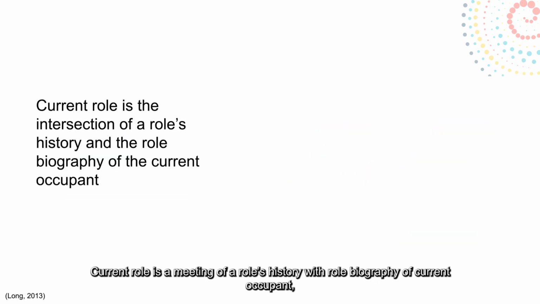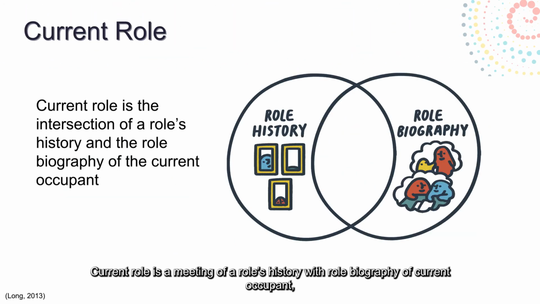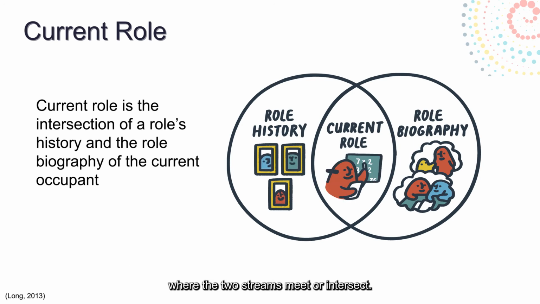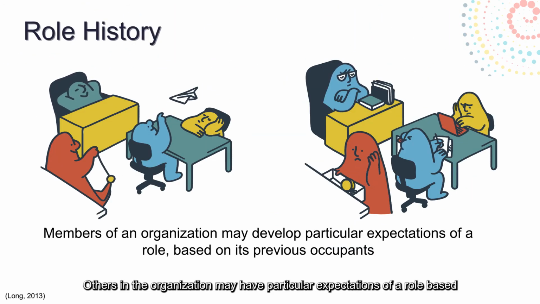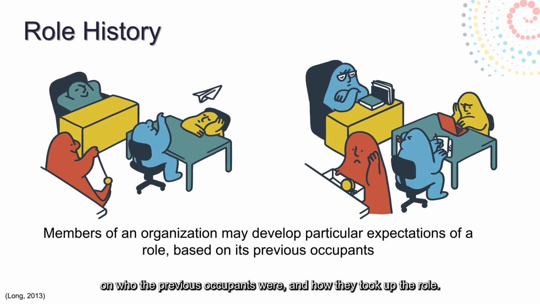The current role is a meeting of a role's history with the role biography of the current occupant, where the two streams meet or intersect. Others in the organization may have particular expectations of a role based on who the previous occupants were and how they took up the role.